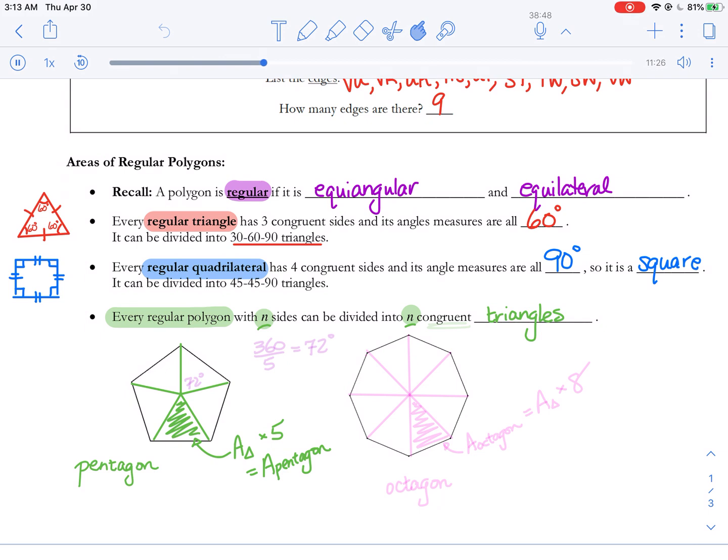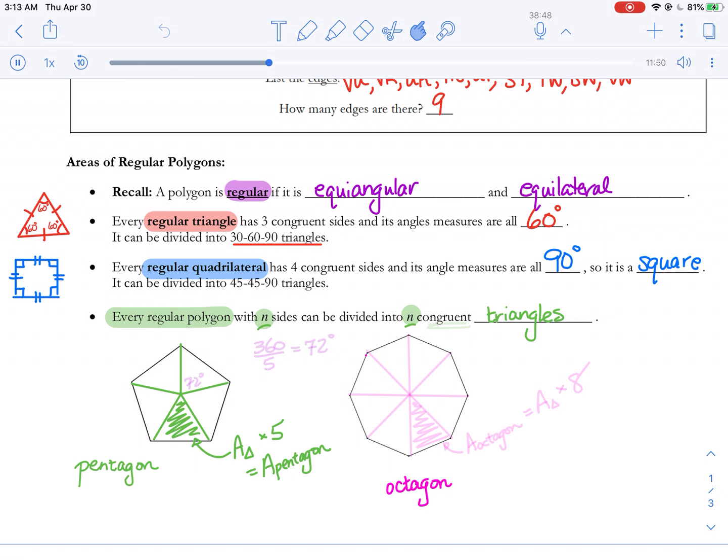Okay, what is the shape on the right here? Octagon. How many sides? Okay. The nice thing about the octagon is because it's an even number of vertices, it's a little easier to draw the triangle.